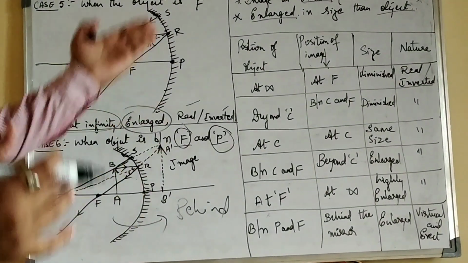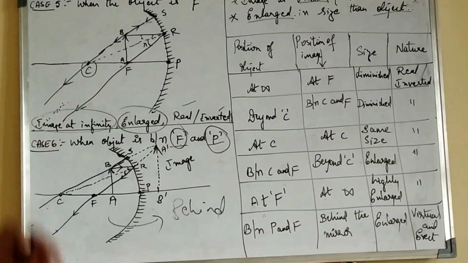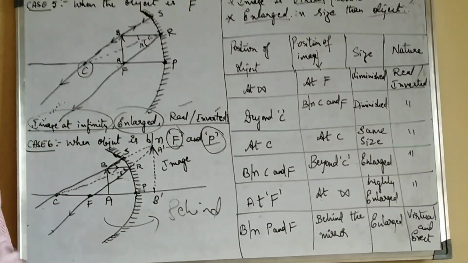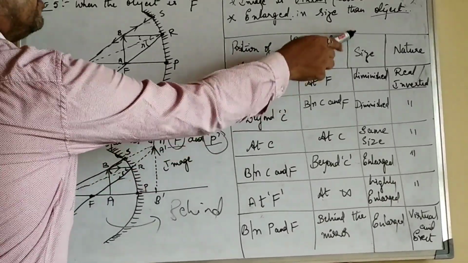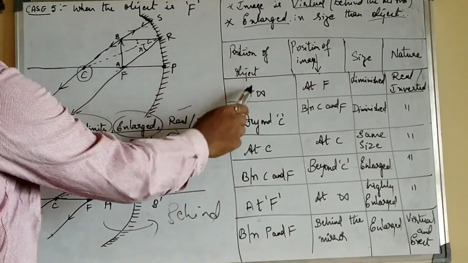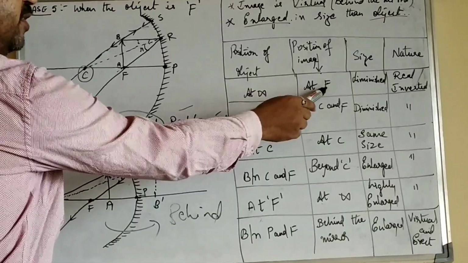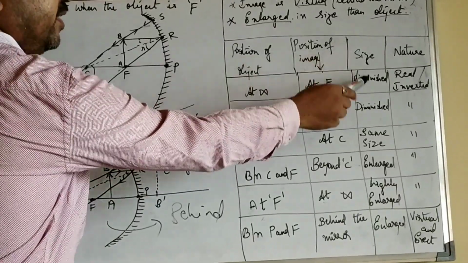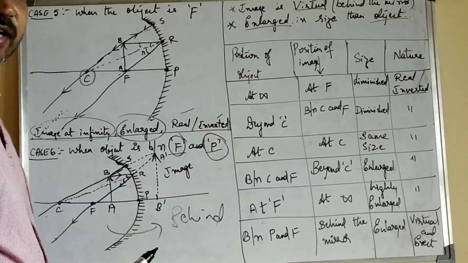Now let us have a conclusion, or a summary, of all these 6 cases. Now you can see here the position of the object, position of the image, size of the image, nature of the image. First, when the object is at infinity, the image is at the principal focus, diminished, real and inverted.